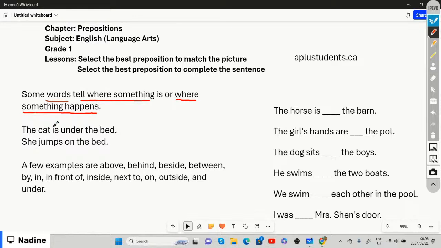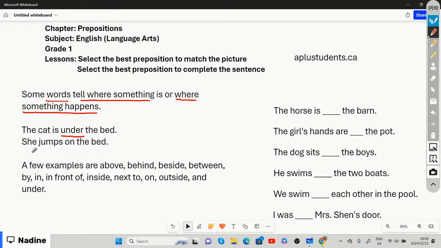An example is: the cat is under the bed. So basically our preposition is under. It tells us where the cat is.